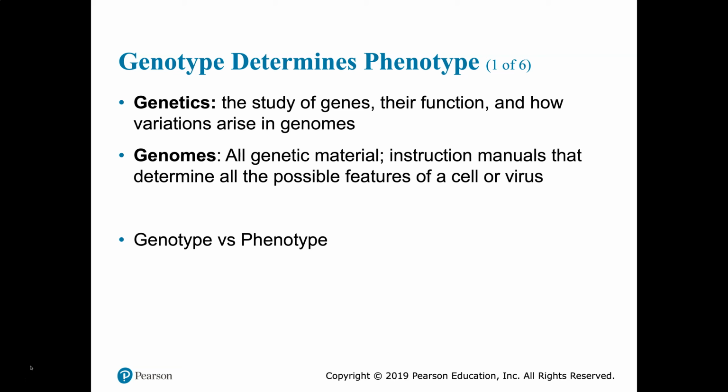So for instance, if I look at you and I can see you have blue eyes, or brown hair, or detached earlobes, that falls under the category of phenotype because it's this outward expression of the genotype. So I could see what the genotype actually is within the phenotype. Now, we'll talk more about this as we go through the chapter, but keep in mind genotype versus phenotype.